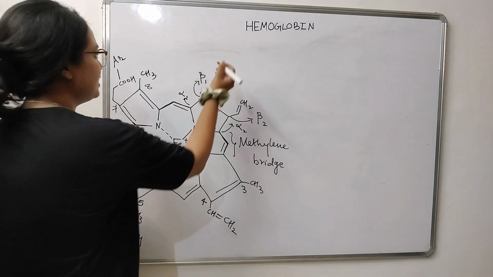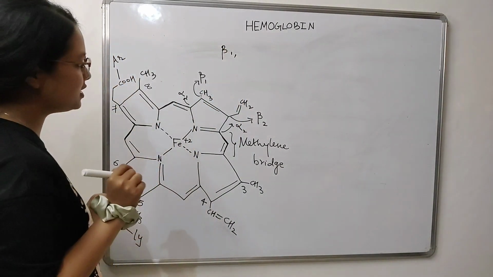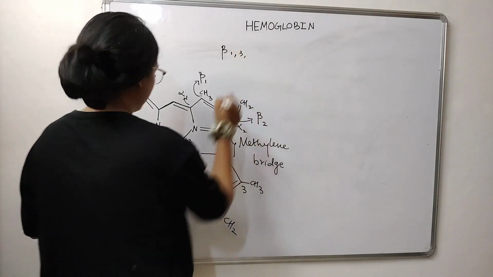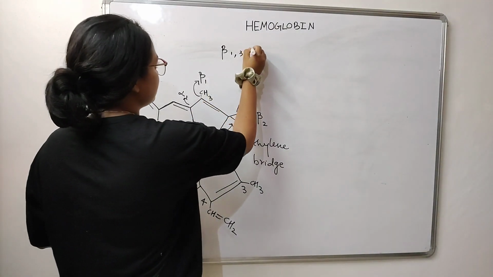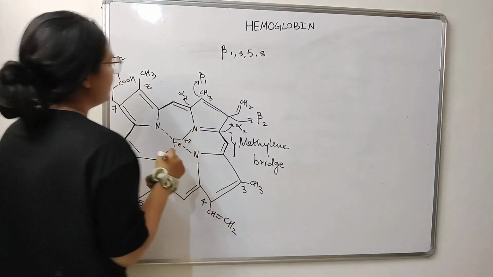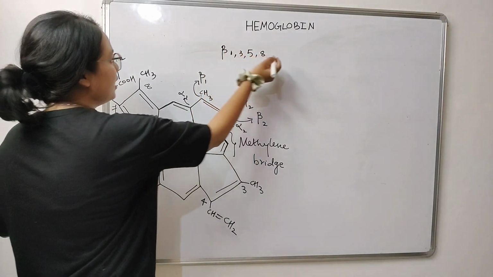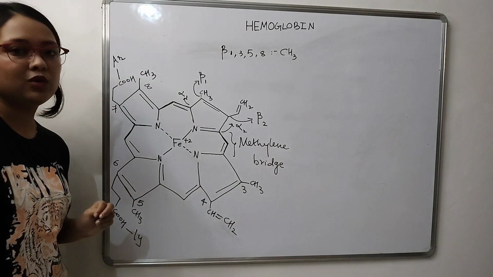Now you can see, where all do we have the CH3 group? At beta 1, then at beta 3, then at beta 5, and then at beta 8. So carbon 1, 3, 5 and 8 have the methyl group, the CH3 group, linked to them.